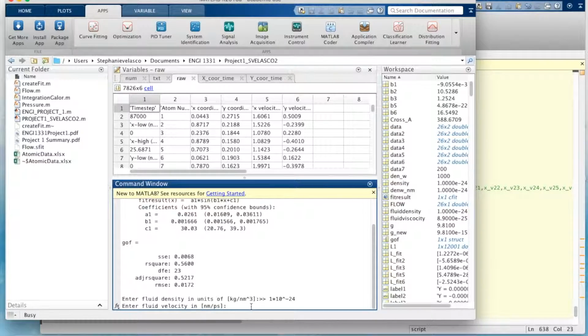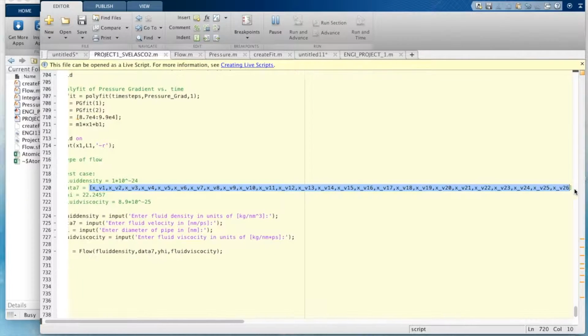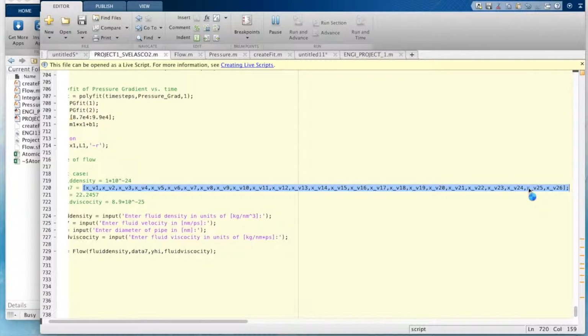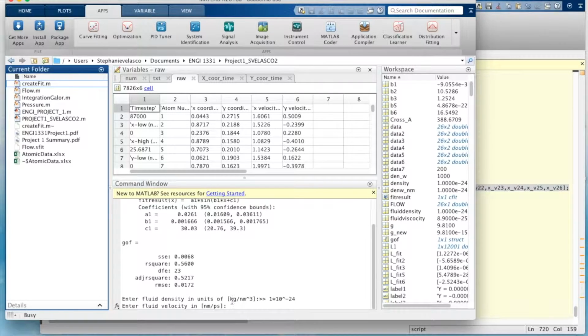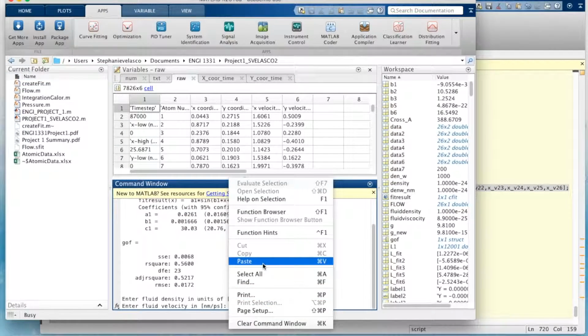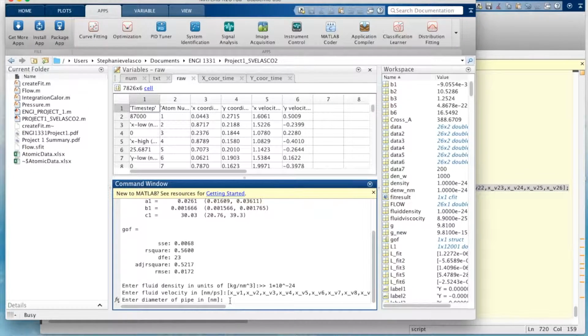And for the fluid velocity, we'll use the vector which we got a while ago, which are the x averages. And we'll just copy and paste it. And then it'll also ask for the diameter of the pipe, which was given in the data, which is 22.2457.